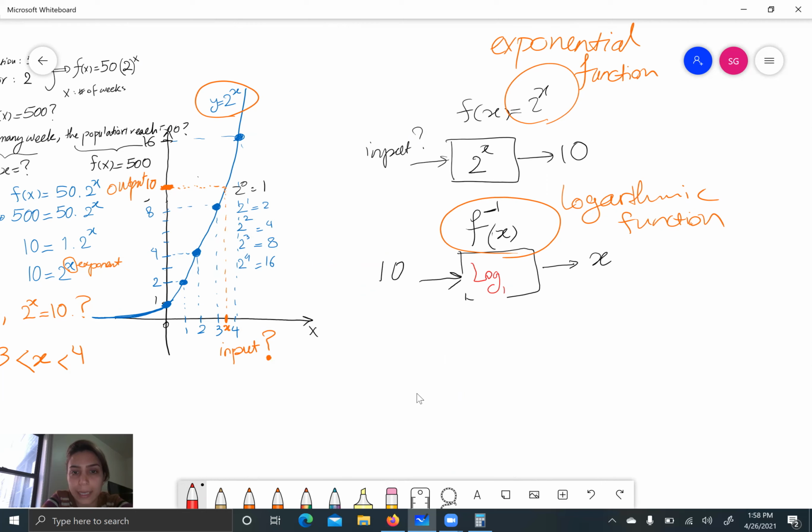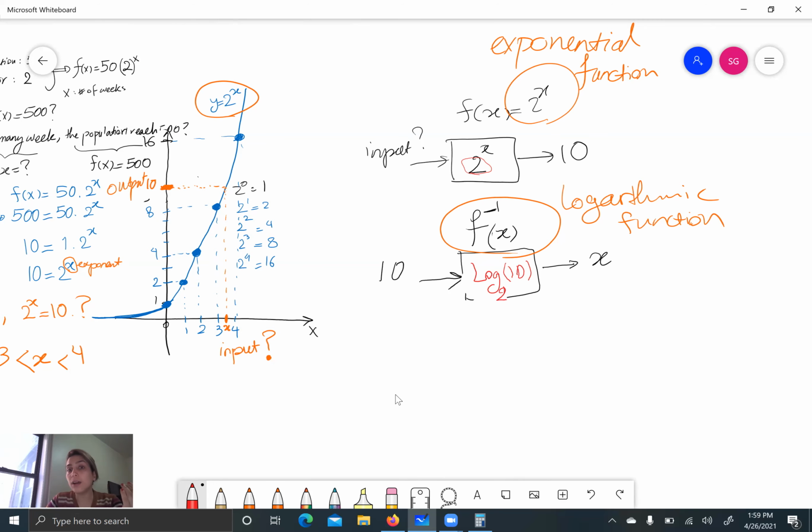It takes the output of the exponential function, which is in this case 10. It takes 10 and it also takes the logarithm to the base of the exponential function. What is the base here? The base is 2. You see, in the exponential function, the base is 2. So it takes 10 and it calculates the logarithm of 10 to the base of 2 and it returns you x. So that's a logarithmic function.